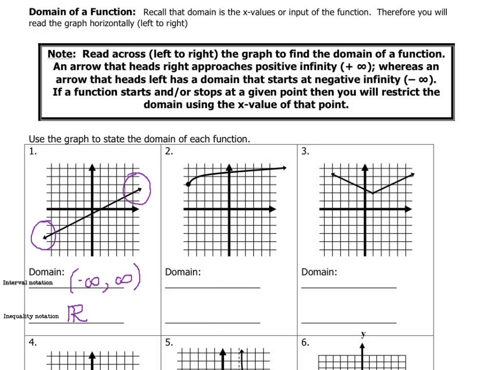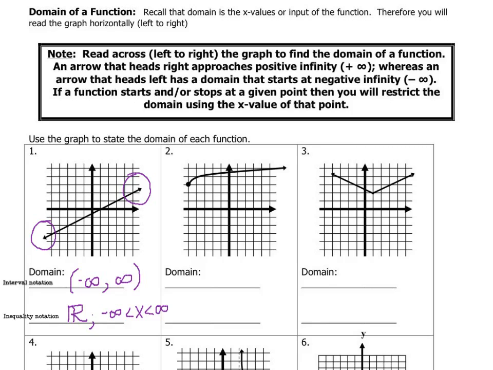So this fancy looking R here says all real numbers to your reader. Another acceptable way to write in inequality notation is negative infinity is less than x is less than infinity. Both of these are okay ways to talk about the domain of this function.